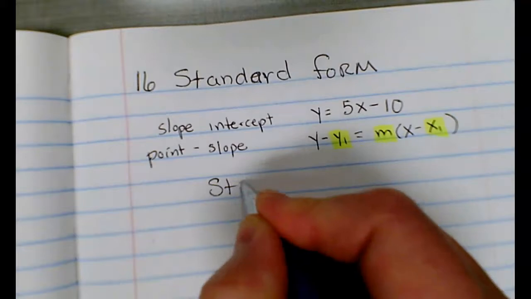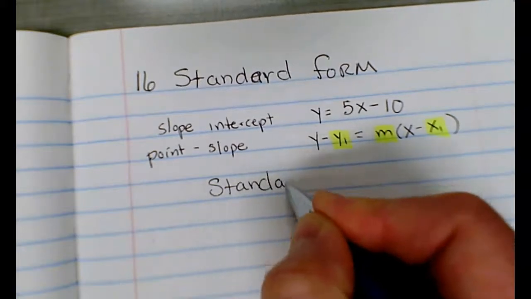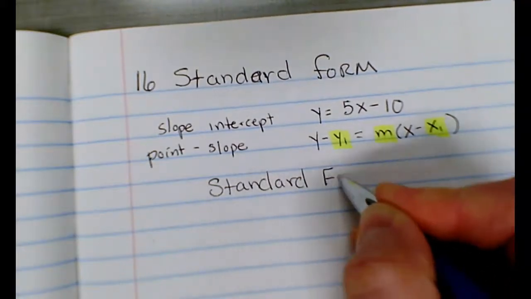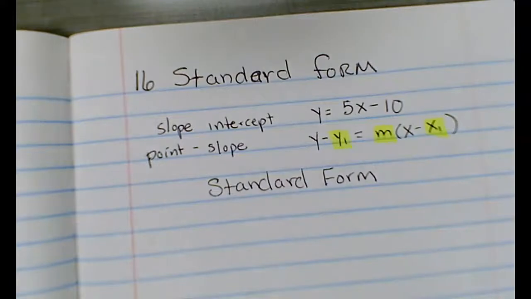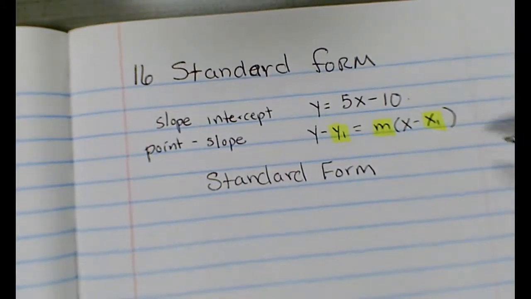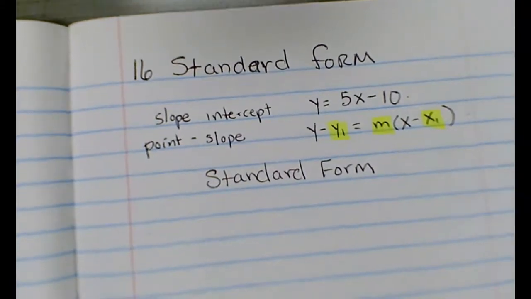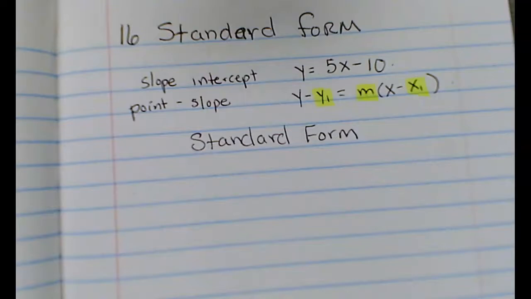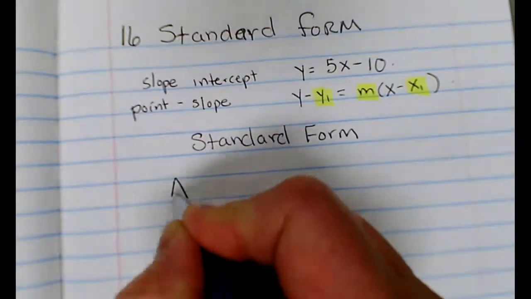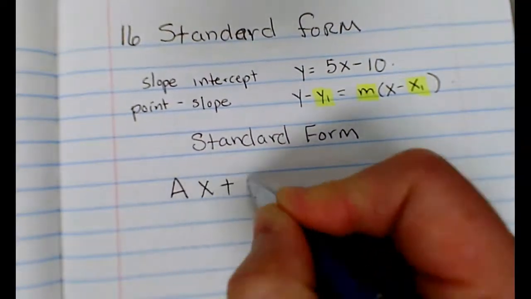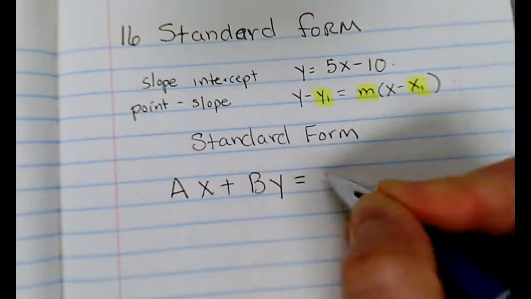Standard form looks like this. And the reason we have different forms is this form is better for graphing, this form is better when you have a point and a slope, and we'll learn in just a minute what the standard form is best for, but this is what standard form looks like.